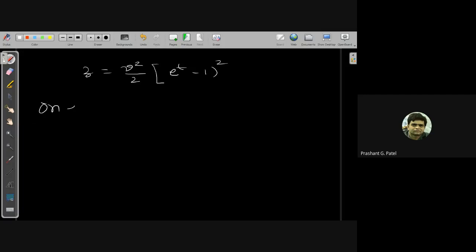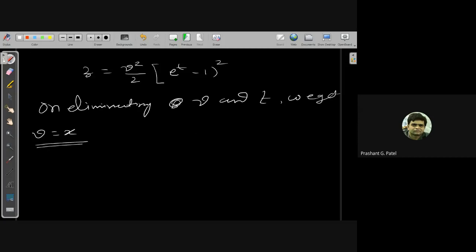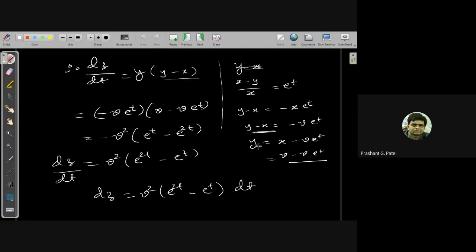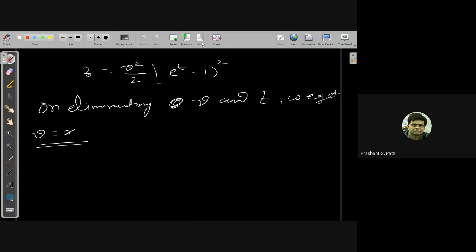So on eliminating v and t, we already have the value of v in terms of x, that is x, and the value of y we have obtained. e power t we obtained, it is x minus y upon x.